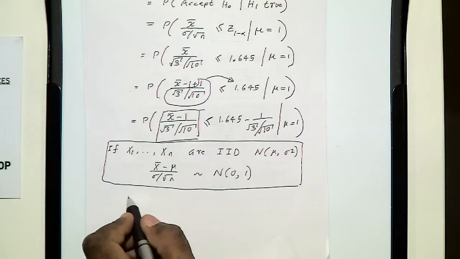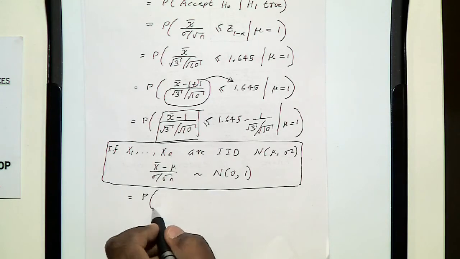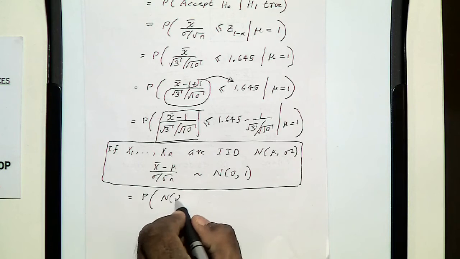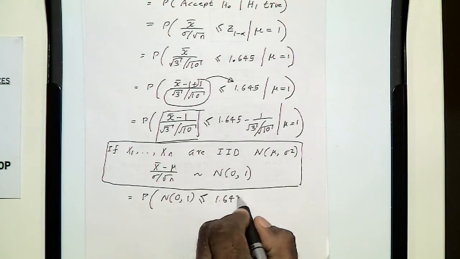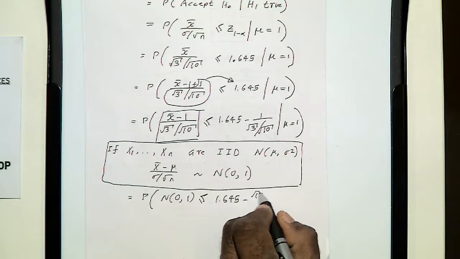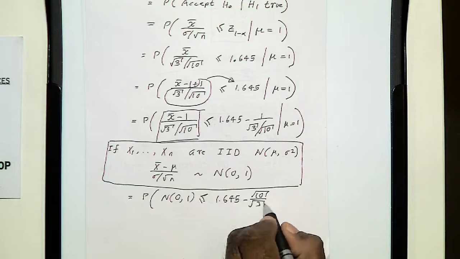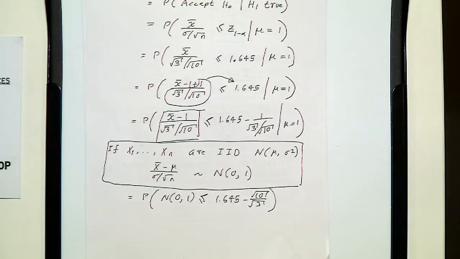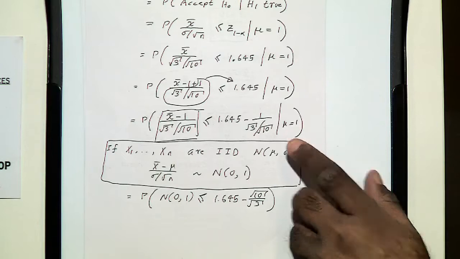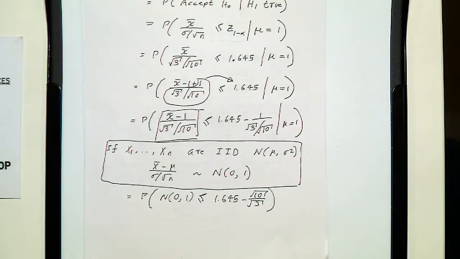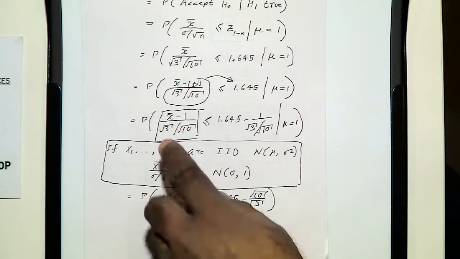So the next step is to just simply write this. You see what I've done? Now the conditioning disappears, because conditional on mu equal to 1, this has the standard normal distribution.